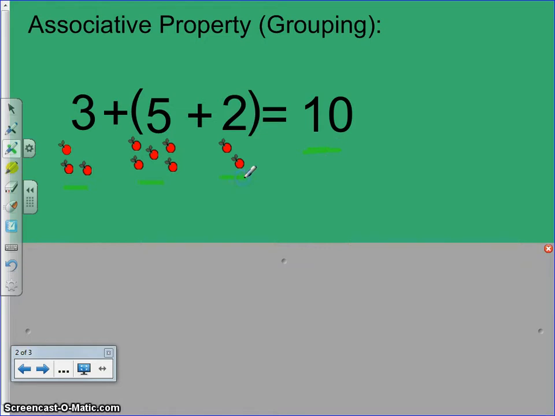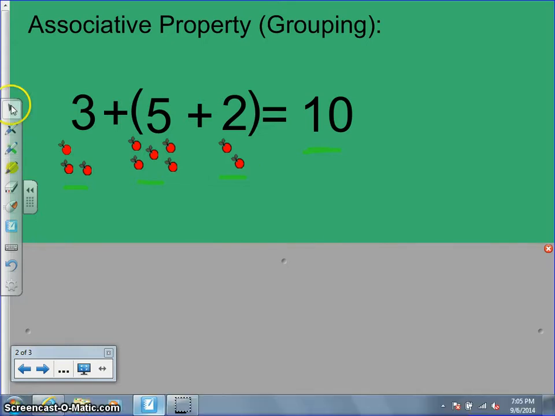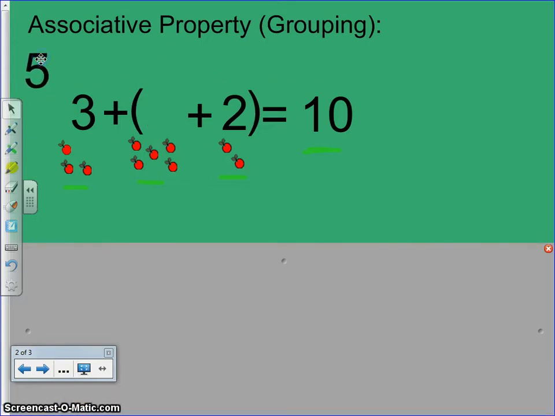And you can see that by these apples. It doesn't matter how I group those apples down there, if I add them all together, I'm still going to have 10 apples. Even if I change the numbers all around and move them in and out like this, I'm changing the grouping, but I'm still going to get the same answer. So the associative property is also known as the grouping property.